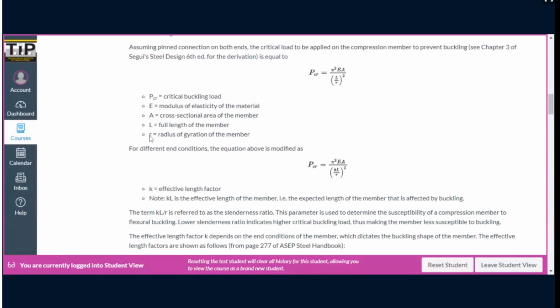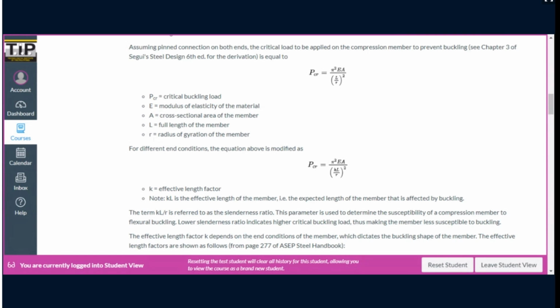Now, if you recall, a particular steel section has two radii of gyration, one in the x-axis, one in the y-axis. So which one would you use? In this particular case, it depends on the direction of buckling that you consider. If the buckling occurs about the x-axis, so it bends about the x-axis, meaning you use rx.